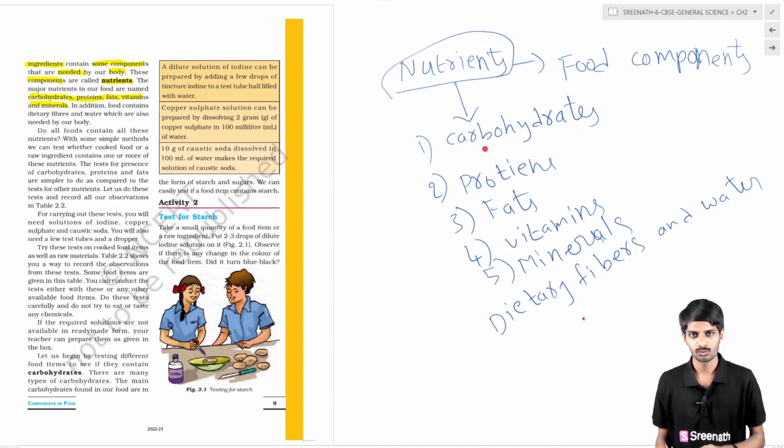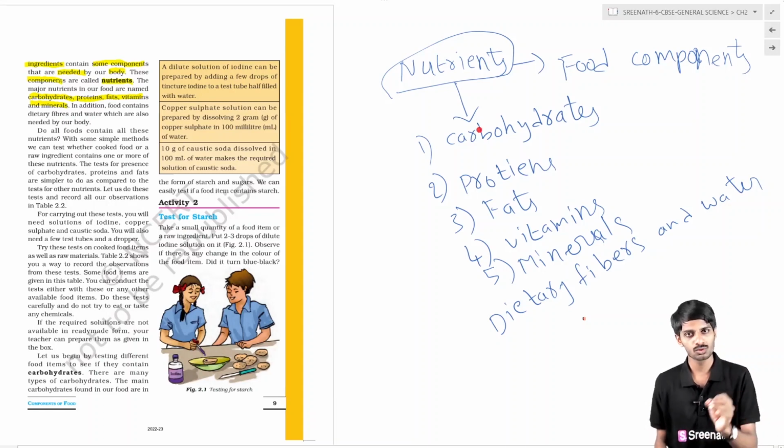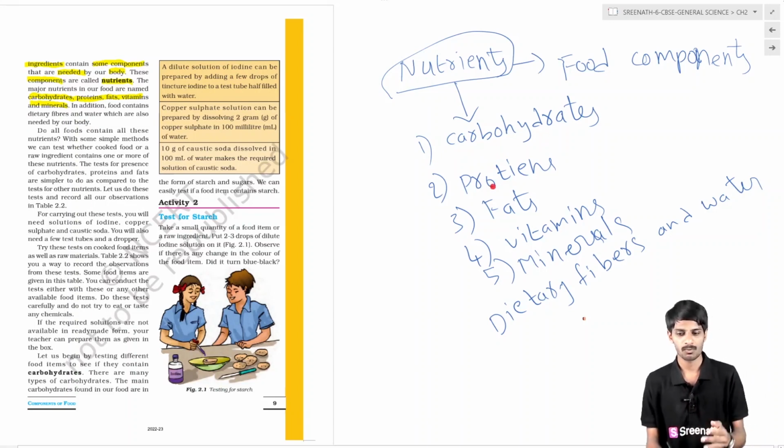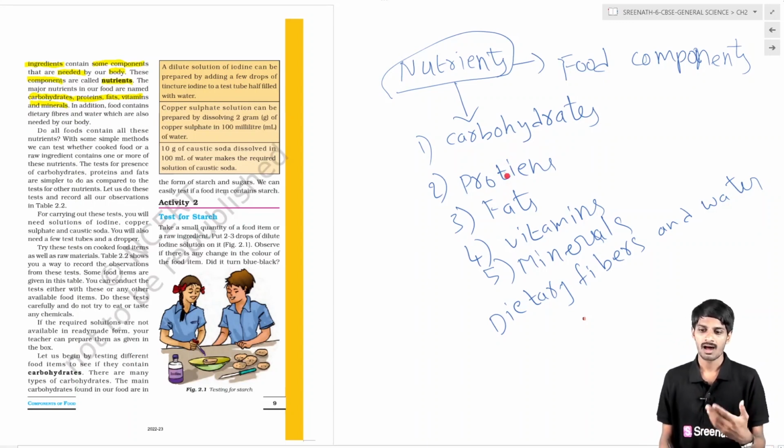How I am helping you is that I will give you some examples, some explanation, and I will introduce you to some tests. By performing those tests, you can easily find out whether carbohydrates or proteins or fats are present in your food or not.